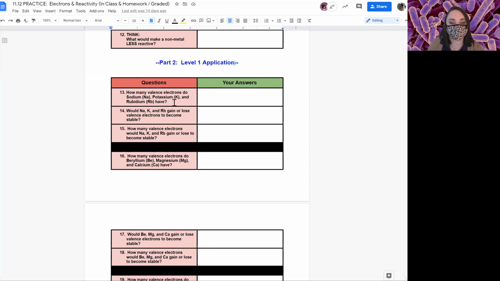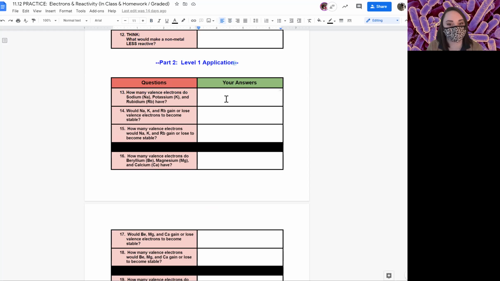Number 13 says, how many valence electrons do sodium, potassium, and rubidium have? 1, good job. And we know that because they are in group 1. The notes have the same title as the practice. So they're in group 1, so they have 1 valence electron.